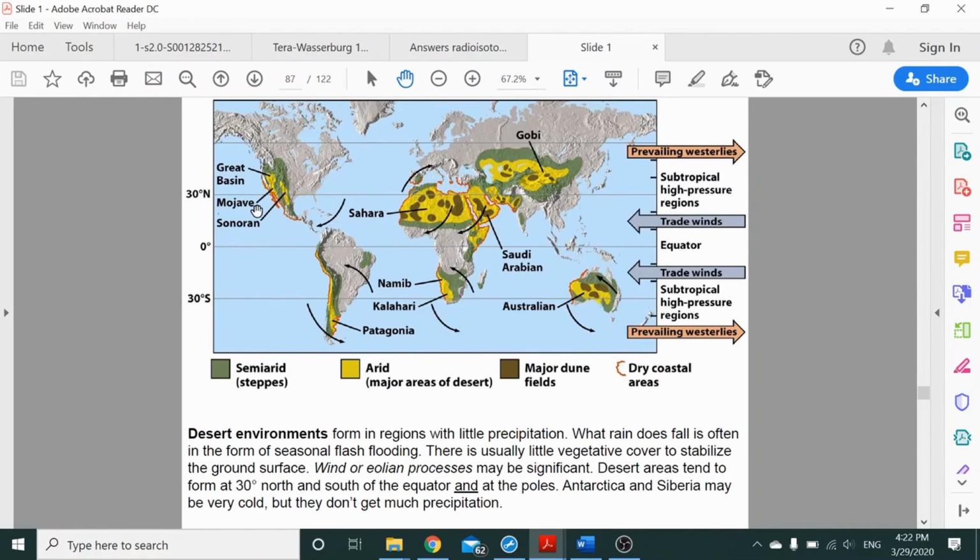When it sinks down, the air temperature increases and it does not produce any rain. So globally, near 30 degrees north and south in latitude, the vertical motion is dominated by downward motion, and it's dry air. So the desert environment globally tends to develop near 30 degrees north and south of the equator.